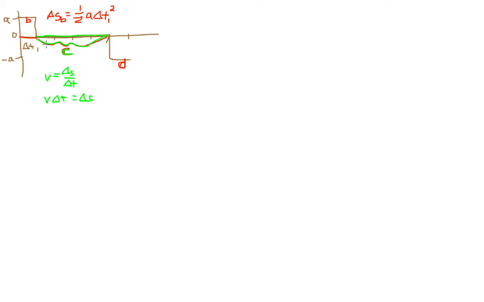The delta t here is actually 4 times t1. I'm going to make everything in terms of t1. This is time interval 1, but it's 1, 2, 3, 4 times that. So I'll replace this delta t with 4 delta t1.